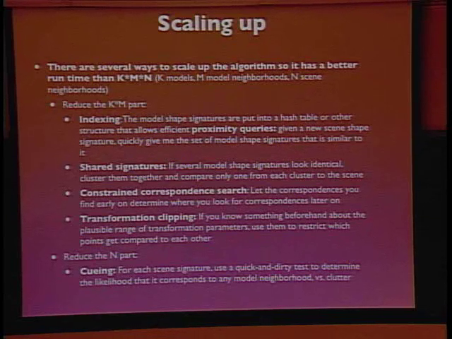So here are a couple ways to do that. One is to do what's called indexing, which basically means that you put your shape signatures for your models into some kind of smart data structure that allows for fast querying, something like a hash table or a geometric data structure that allows for fast proximity queries. That is to say, fast ways to determine, given a new shape signature, whether it is similar to a set of pre-existing ones without comparing to each and every last one.